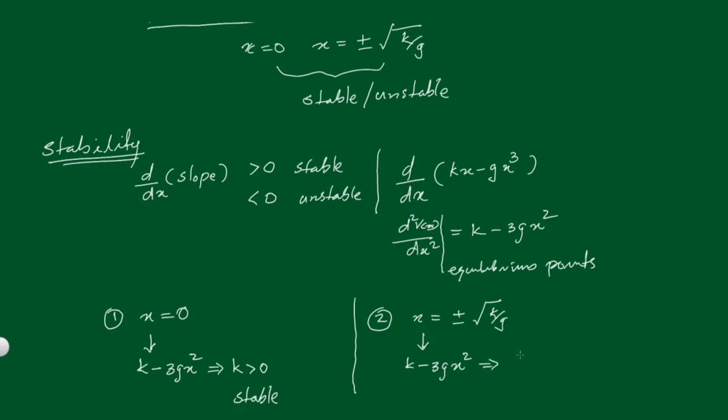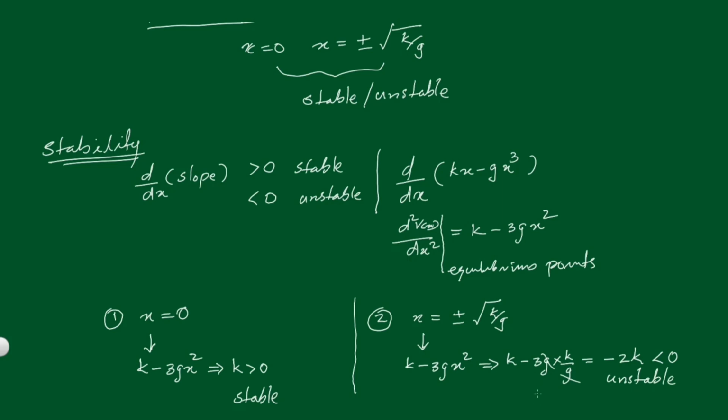So we get k minus 3g into x square equal to k by g. So this g by g will cancel and we get minus 2k, which is less than 0. If d square v of x by dx square is less than 0, this will be an unstable equilibrium.